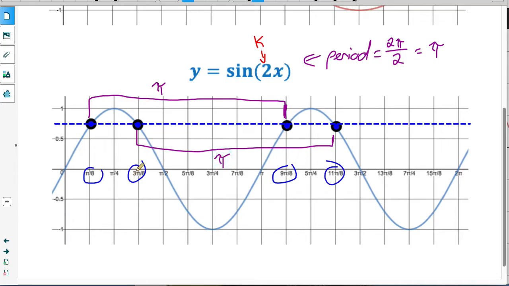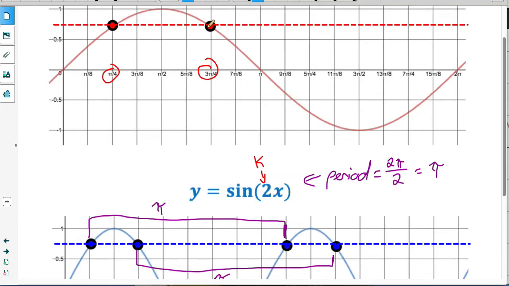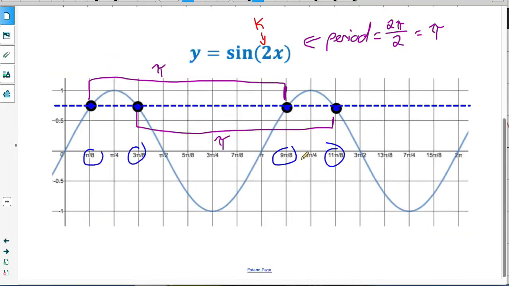So 3 pi over 8 plus 8 pi over 8 is 11 pi over 8. So just add the period to any answers and you get more answers because it's a periodic function. So we can get our first two answers by cutting these ones in half, and then we can generate these two answers by adding the period of the function to these two answers. So let's go ahead and try and solve some of these algebraically using that understanding of this new sine of 2x function.